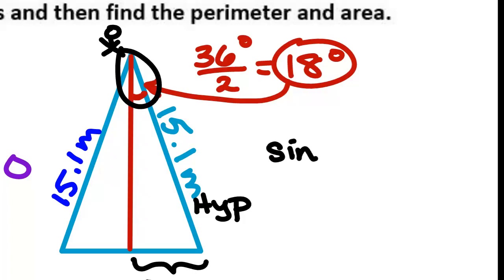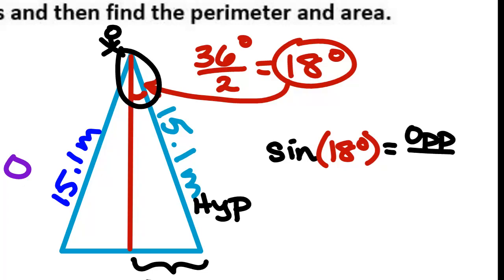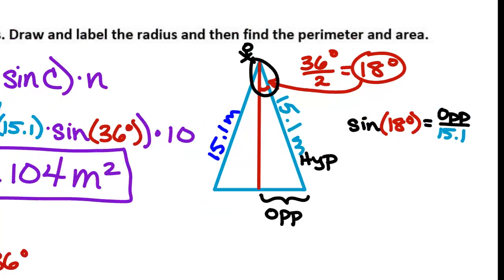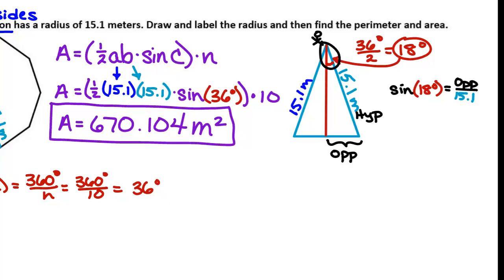Sine of 18 degrees equals opposite over 15.1. I'm actually going to scoot that down here because I kind of ran out of room.